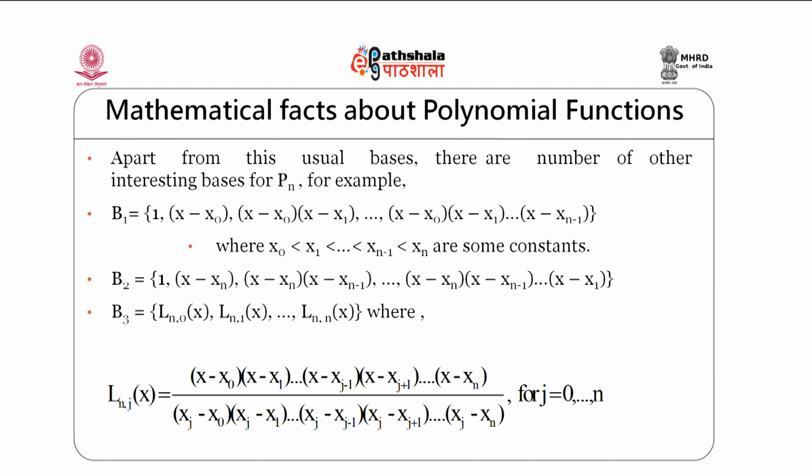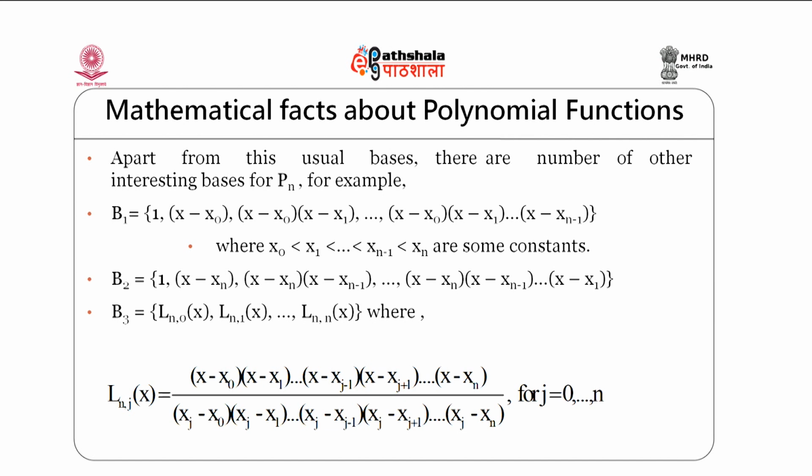So, this is a quadratic polynomial: first is the constant 1, second is a first degree polynomial, third is second degree and so on, and last is going to be the product of all the factors x minus x 0, x minus x 1 up to x minus x n, where x 0, x 1, x 2, x n are some constants which are distinct from each other, then that also will work as a basis for P n.